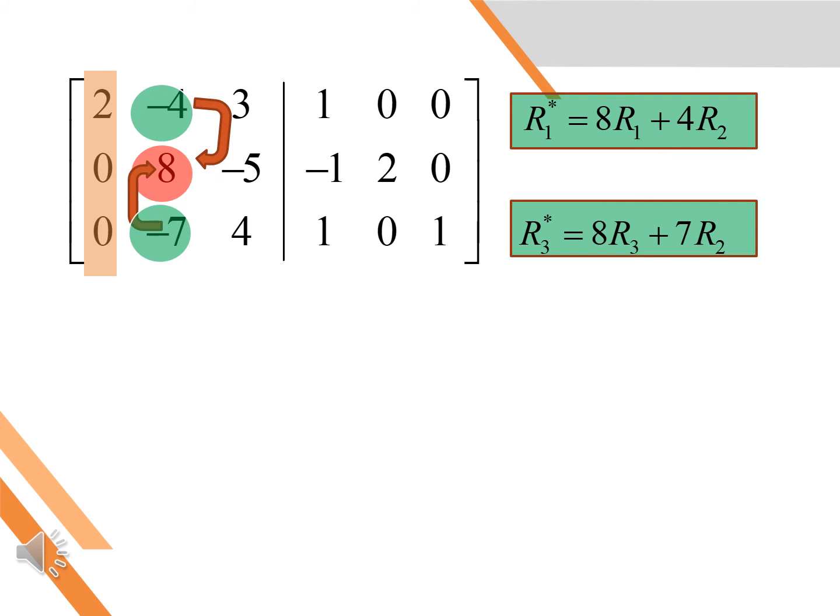For 8 row 1, it means that you have to multiply the elements in row number 1 by number 8, and then add 4 times row number 2. After that, for row number 3, you have to multiply it by number 8, and then add 7 times row number 2.